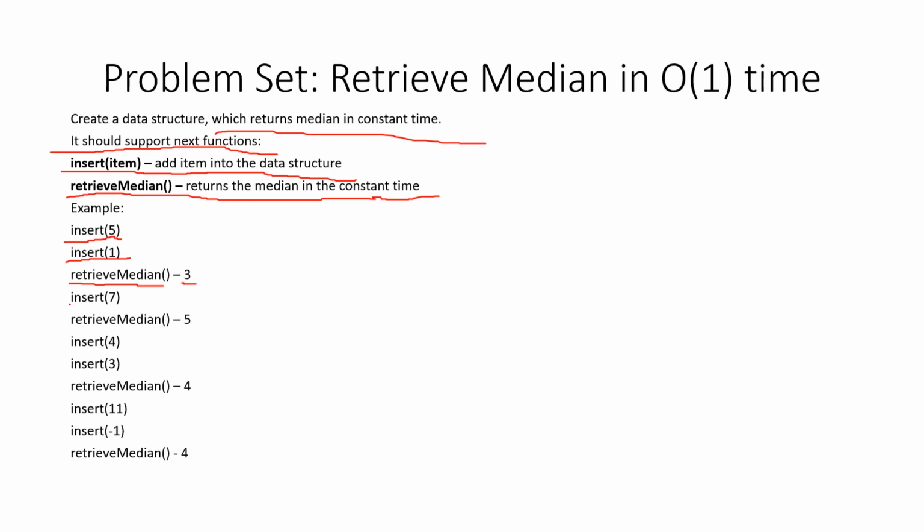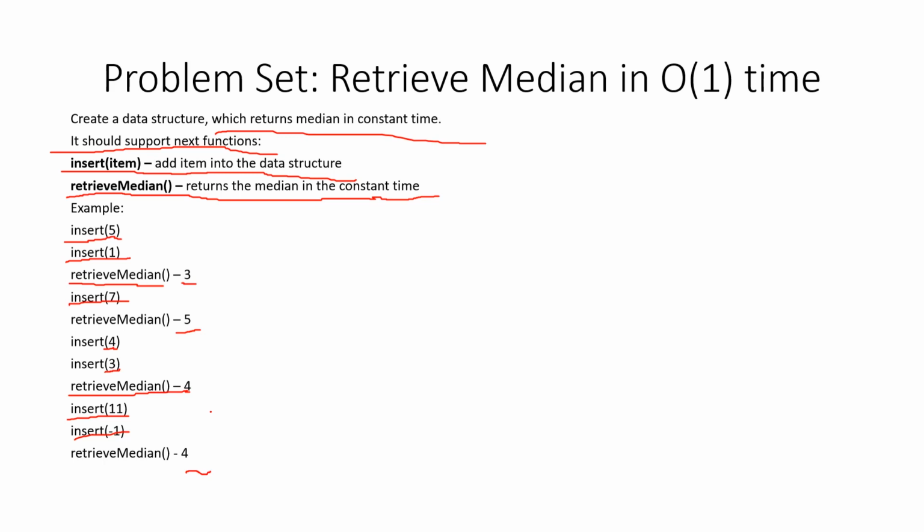Then you add one more element, so the median becomes 5, then you add 4, then you add 3, and the median becomes 4. Then you add 11, then you add -1. And when you call the median, it returns 4.